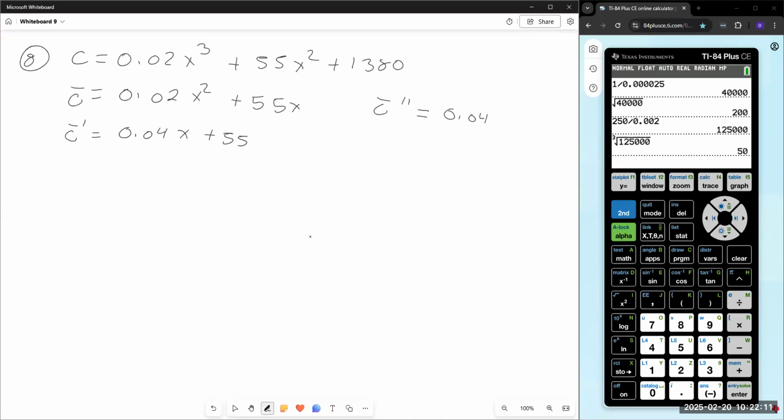So C bar double prime is going to be positive for all x values here. So, hang on, I forgot a term here.